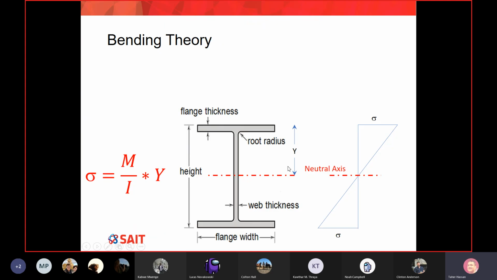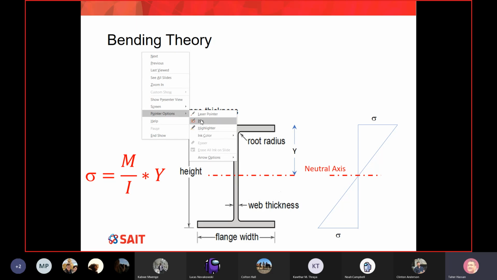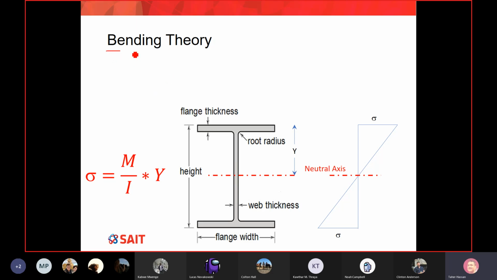Okay. Now, let's move into the theoretical part of our class today. We talk about beam theory and bending theory. What bending theory claims is that when we apply a bending moment to our beam like so, this bending moment will cause all the fibers above the neutral axis to be in compression.